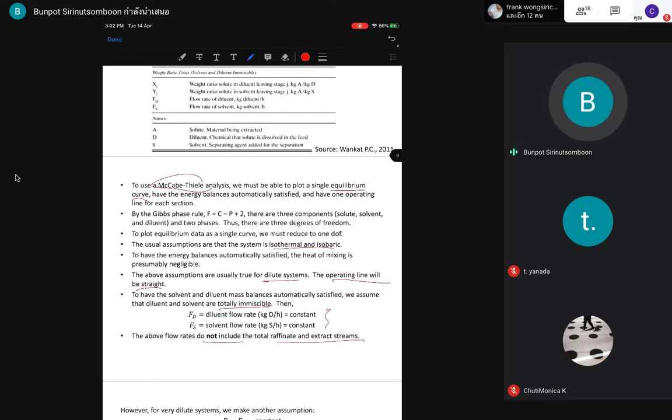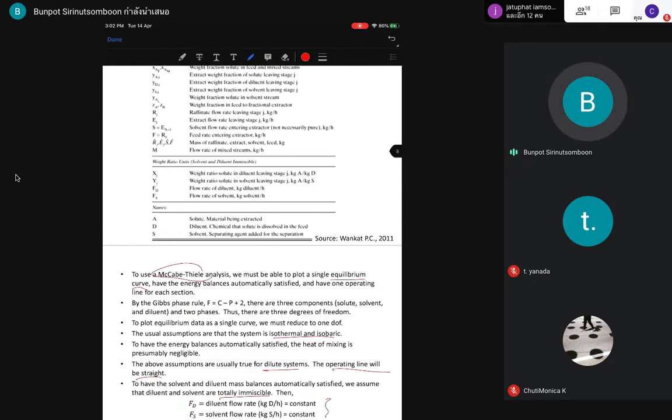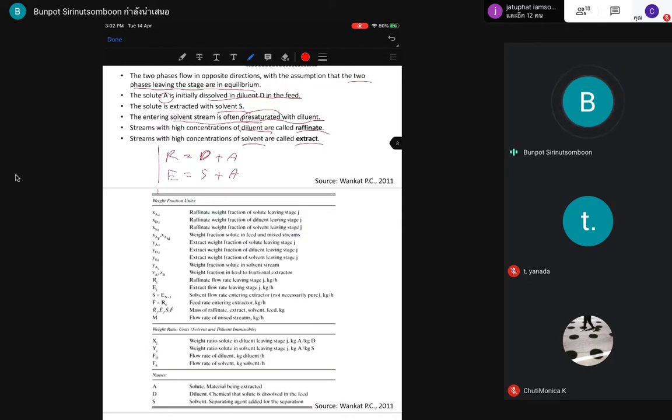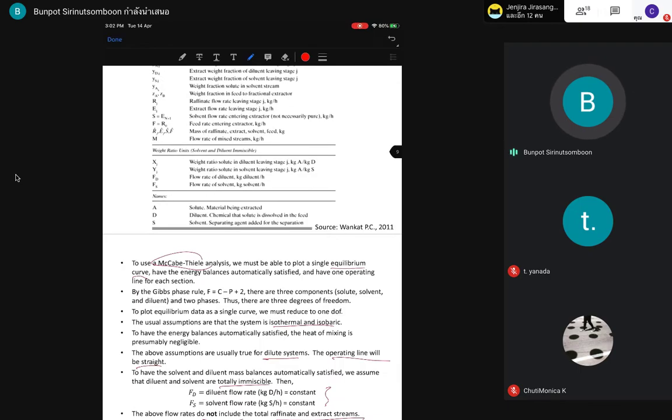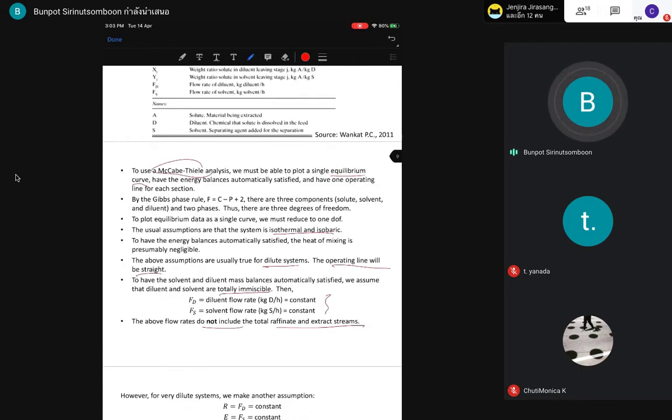Just like I defined here, raffinate is the sum of diluent and solute, and extract is the sum of solute and solvent. Even though we say right here that diluent and solvent are constant, it doesn't mean that R and E are also constant.